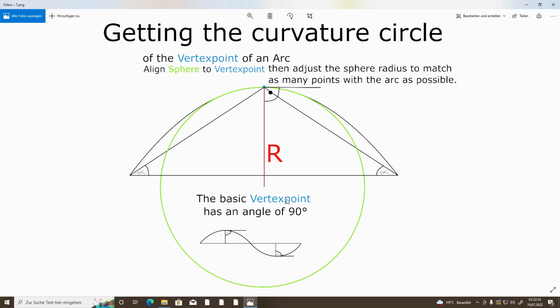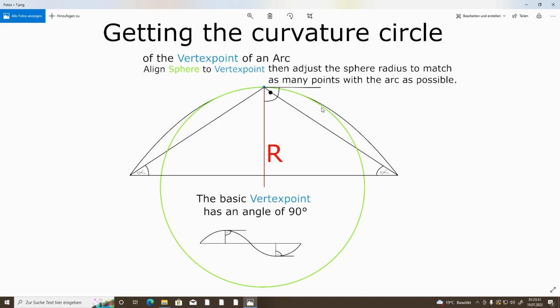I don't need some deep mathematical calculations or something. Just need to talk about the principle, and that's enough for that. Yeah, we get the vertex point, and from that we draw a sphere through, and we scale up the sphere so that as many points as possible align with the arc without overlapping there.